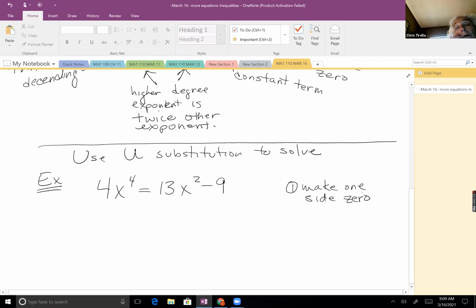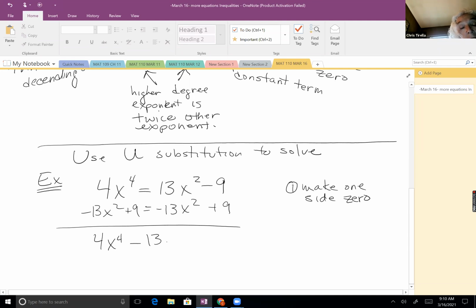And I think we've noticed that when we're solving an equation of any degree, it's usually easiest if that highest degree term is positive. So to make one side 0, I'm going to subtract the 13x squared from both sides and add the 9 to both sides. That gives me 4x to the fourth minus 13x squared plus 9 equals 0.